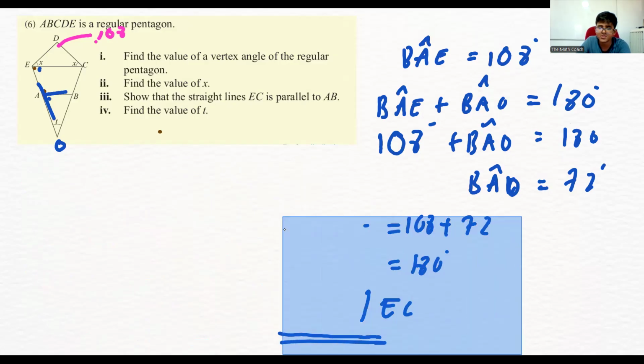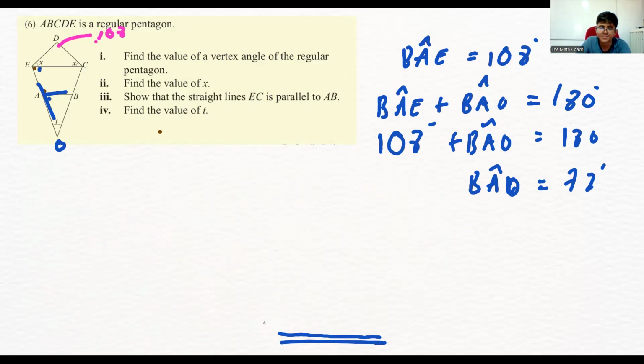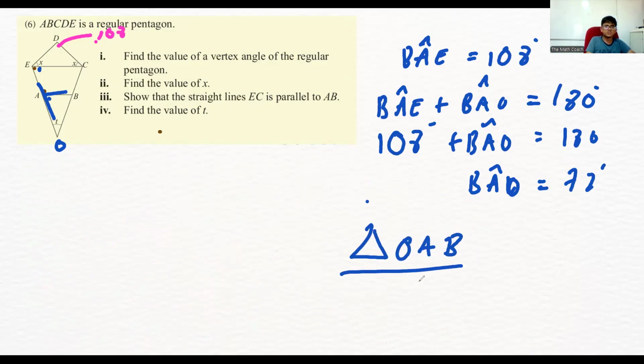We know that, okay, I'll just delete this stuff here. If we take the triangle OAB, okay, O is the letter that I put right now. So it's going to be 72 plus 72 because obviously these both are equal. Okay. Why are those two equal? Well, I can prove it to you, but it's common sense, right?